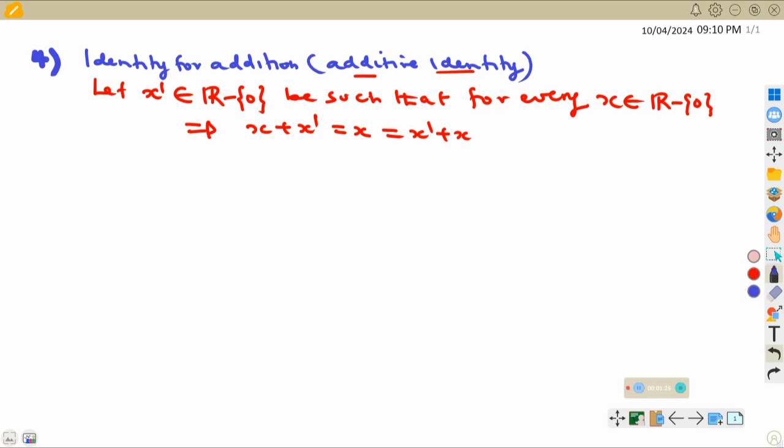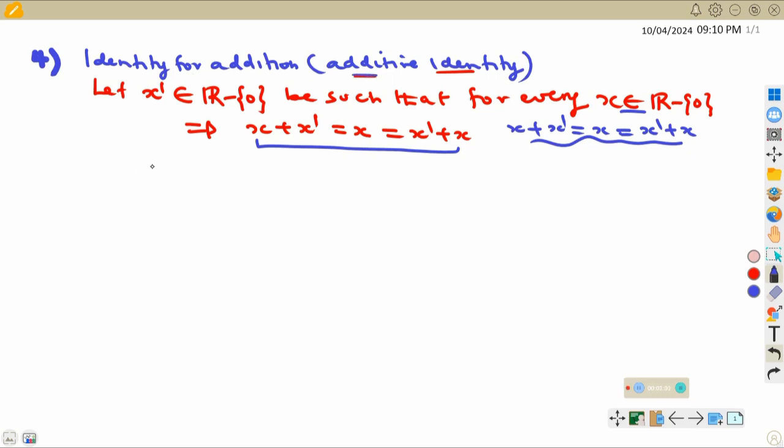We understand that for additive identity, this property must hold: when you take x, an element in this given set, and add the identity for addition, which we are calling x prime, you should get x. That is by definition. But this should as well be the same as x prime plus x. So this must hold for x prime to qualify to be called an additive identity.